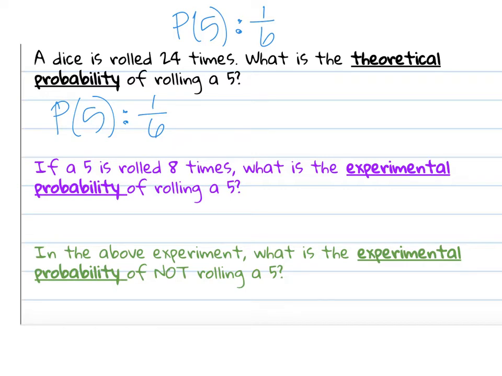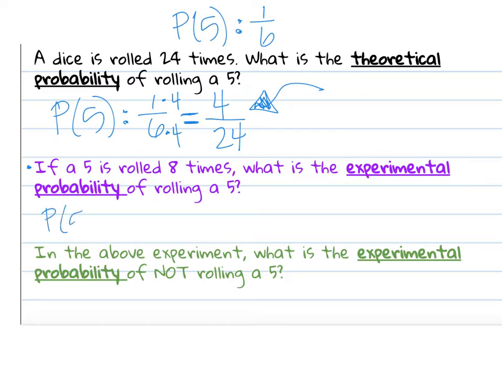If I change this to 24ths, so if I go 6 times 4, 1 times 4, I can see that 1/6 is the same as 4/24 because they're equivalent fractions. So this tells me that theoretically, if I roll the dice 24 times, I should get a 5 4 times. If a 5 is rolled 8 times, what is the experimental probability of rolling a 5?